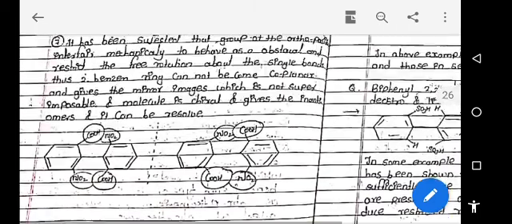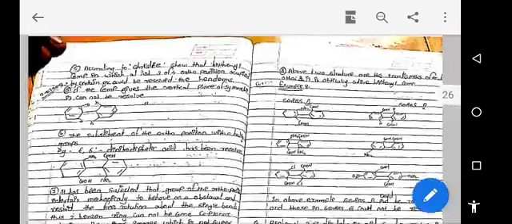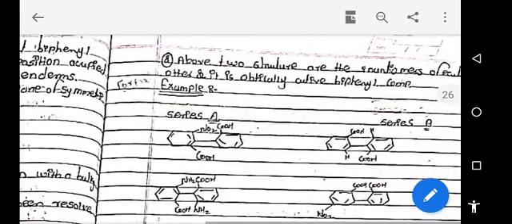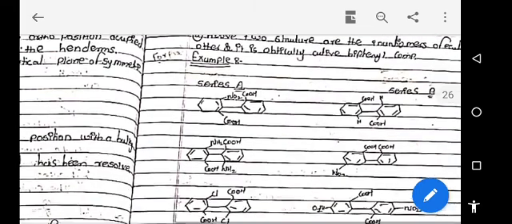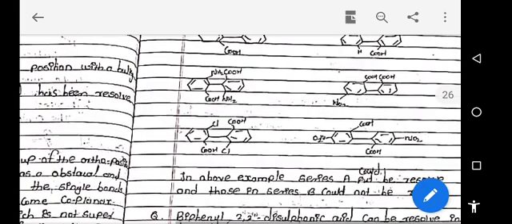These are some hints to identify whether a compound can be resolved or not. Optically active compounds can be resolved easily. These are examples. The structures are enantiomers of each other and are optically active biphenyl compounds. Here the substitutions are given.